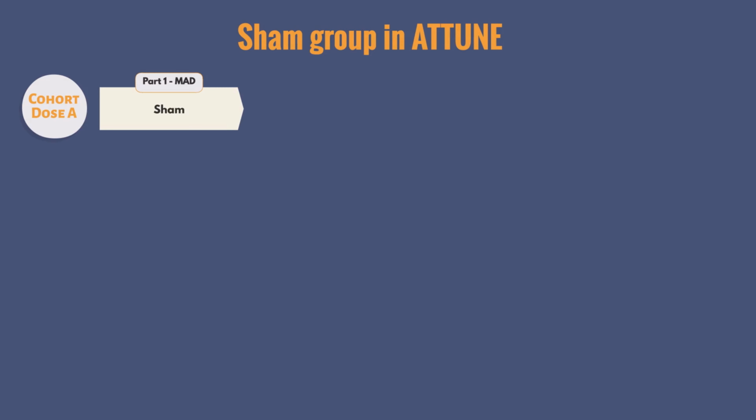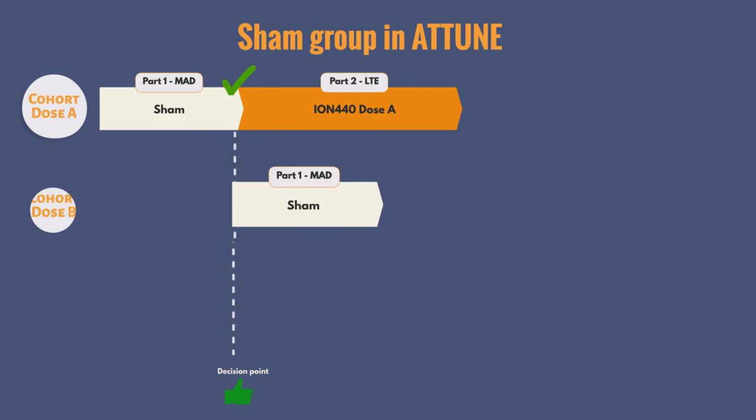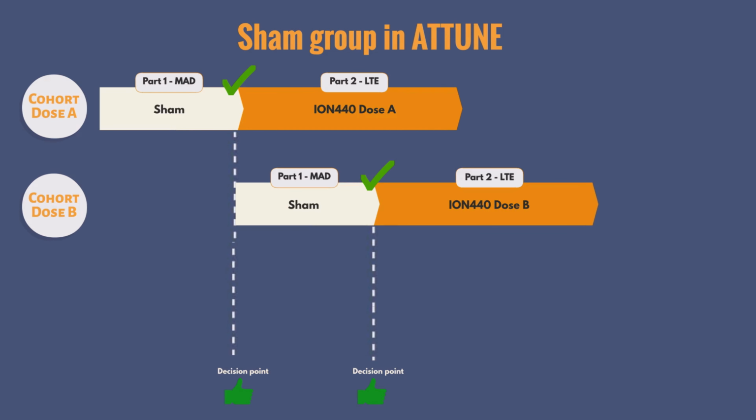After completion of Part 1, participants receiving a sham in the cohort dose A will move to Part 2 and receive an injection of ION 440 at dose A. Similarly, a patient receiving a sham in the group for dose B will receive, after completion of his Part 1, ION 440 at dose level B, and so on.